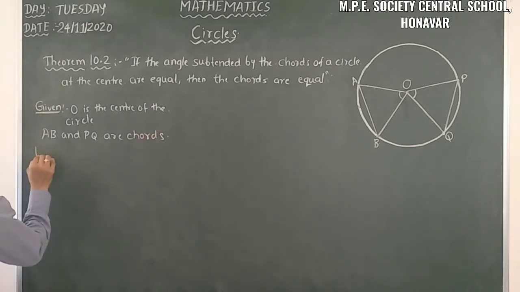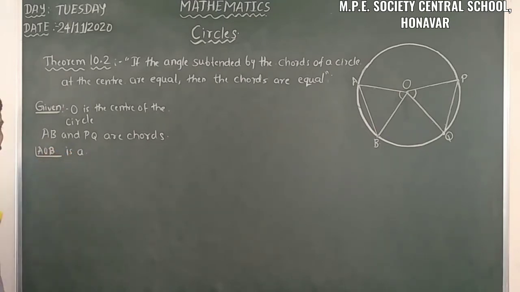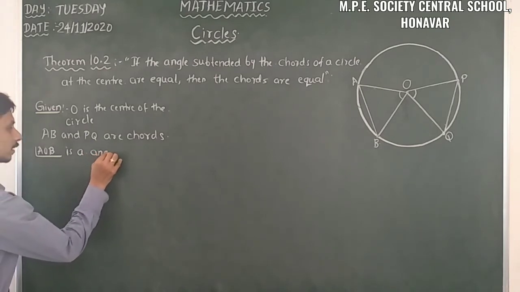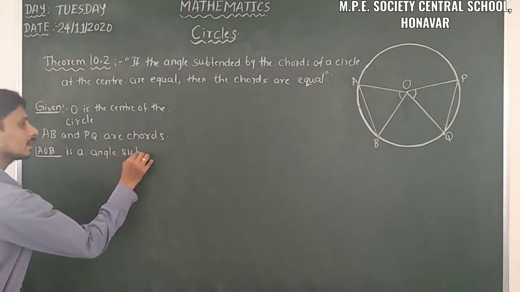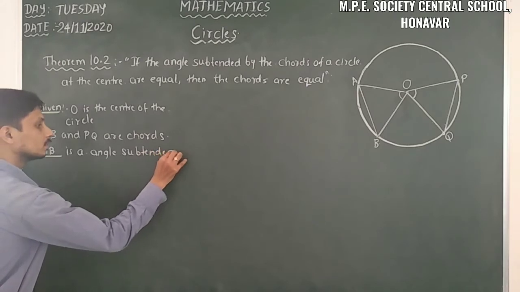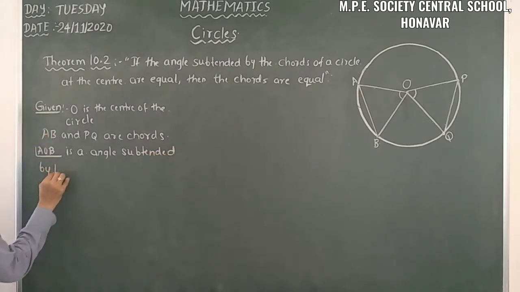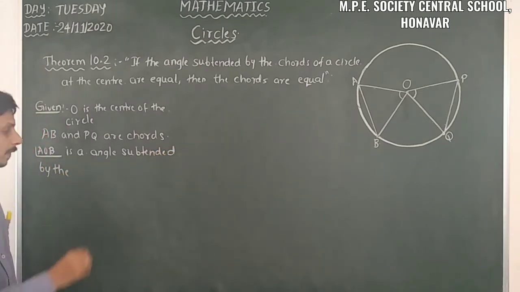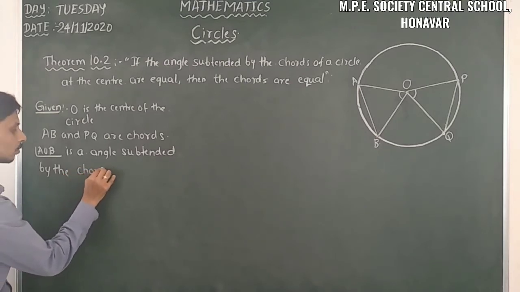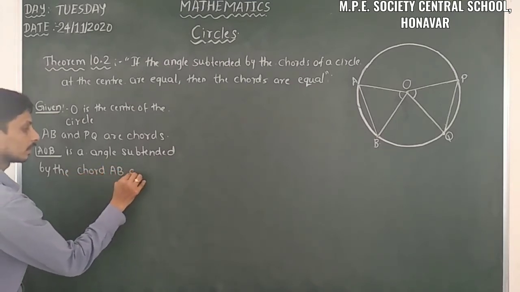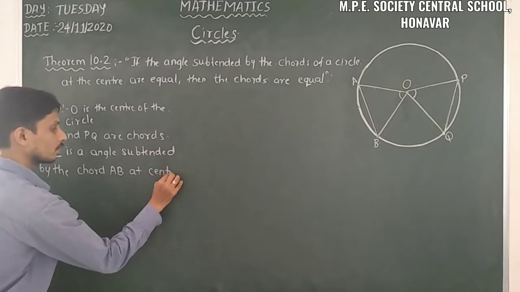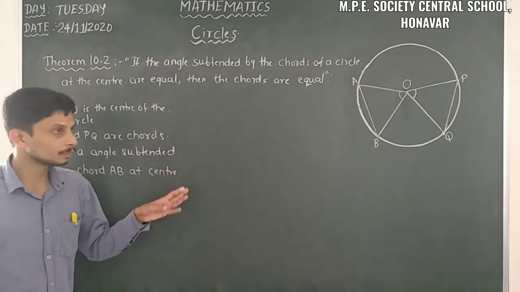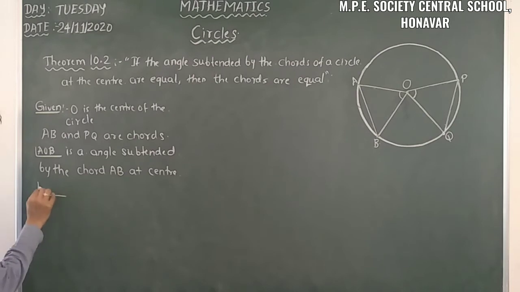Angle AOB is the angle subtended by the chord AB at the center.